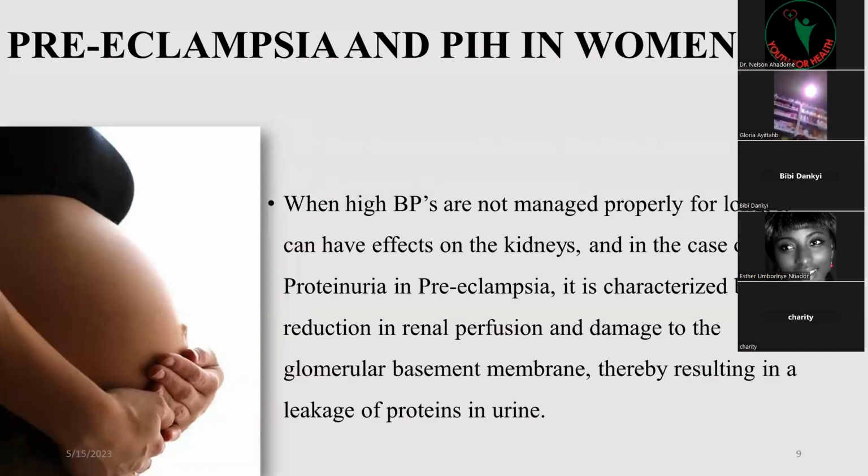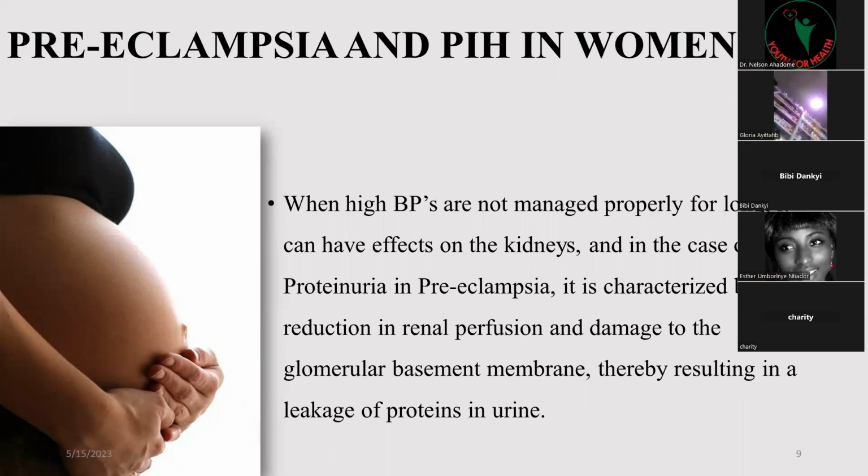If blood pressure is not managed early, it can have effects on the kidneys. In the case of proteinuria in preeclampsia, it is characterized by reduction in renal perfusion and damage to the glomerular basement membrane, resulting in leakage of proteins in the urine.